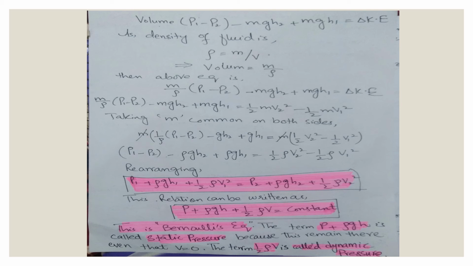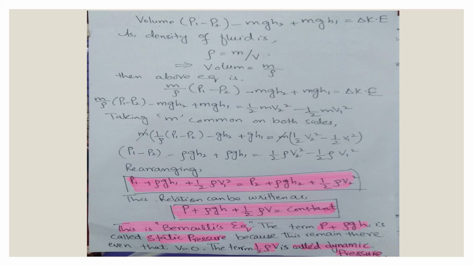As we know, change in kinetic energy is equal to 1 over 2 m2 v2 square minus 1 over 2 m1 v1 square, that is E2 minus E1, the kinetic energy of the second system minus the kinetic energy of the first system. Then we get m over rho into P1 minus P2 minus mgH2 plus mgH1 is equal to half m v2 square minus half m v1 square.